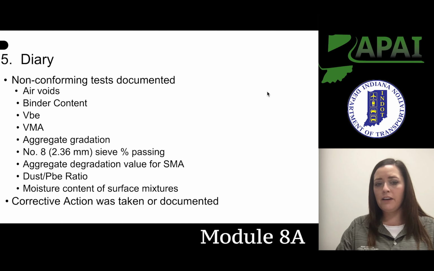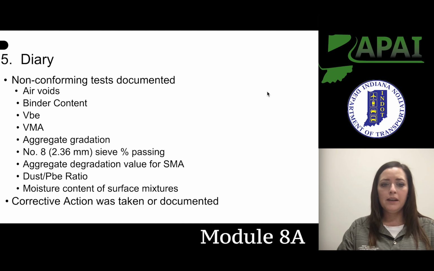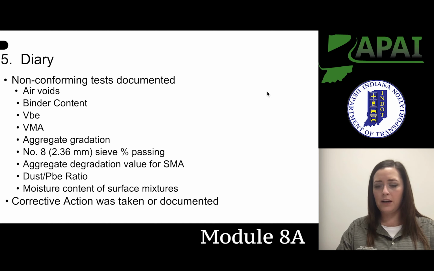The dust to effective binder ratio also has limitations, and they need to be noted if it's too low or too high. Also, we need to note if the moisture content for surface mixtures is outside of the allowable limits. Any of these non-conforming tests will be marked with an X on that item, and a corrective action needs to be noted in the diary, what occurred during this time or which test was outside of the limits and what was done for those tests.